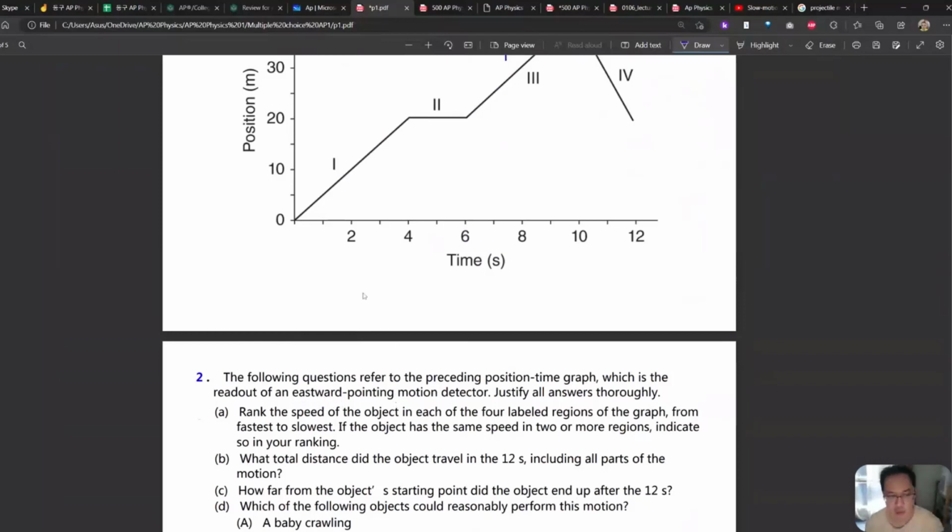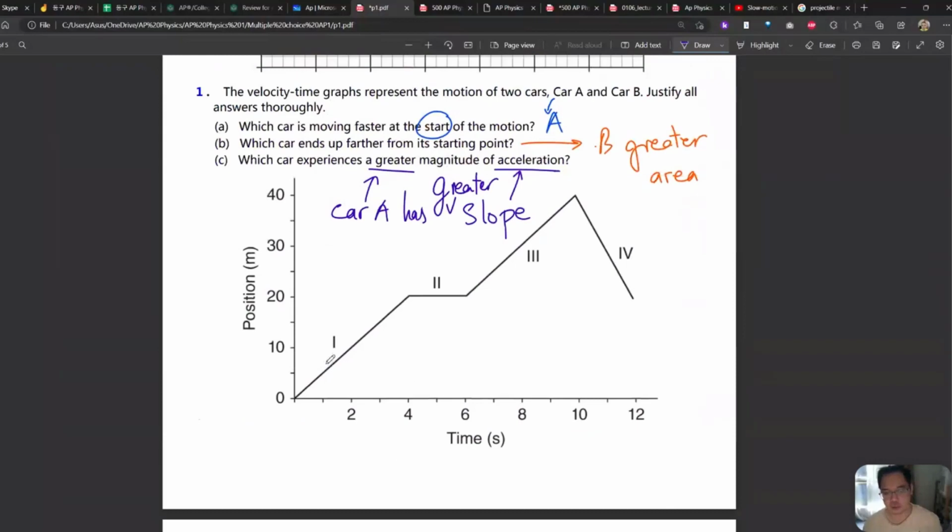We use a motion detector to measure its position. Justify all answers roughly. Rank the speed of the object in each of the 4 labeled regions of the graph from fastest to slowest. This is a position versus time graph.